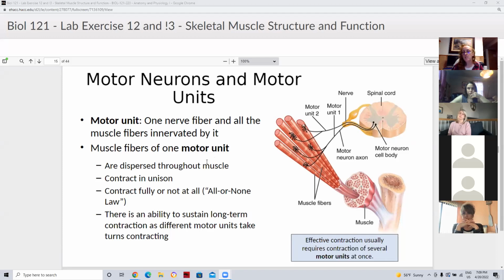The muscle fibers of any given motor unit are dispersed throughout a muscle. They contract in unison, and they contract fully or they don't contract at all. That all or nothing, like we saw with action potentials.